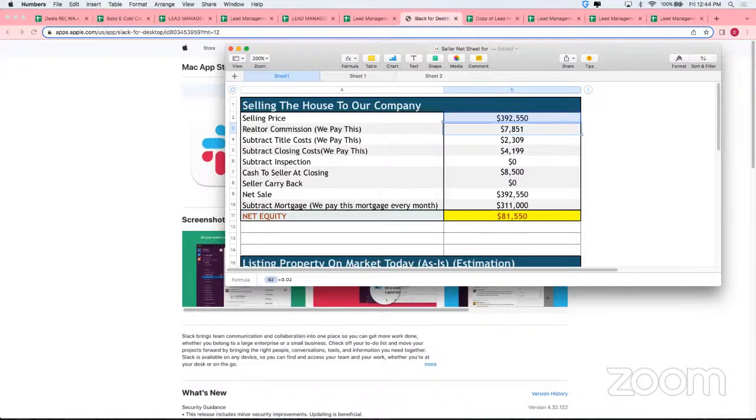I was a listing agent, and in reality, she's not getting 3%, she's getting 2.5% because of the energy and money, the hard cash, that she's putting into it. And that's just an average.